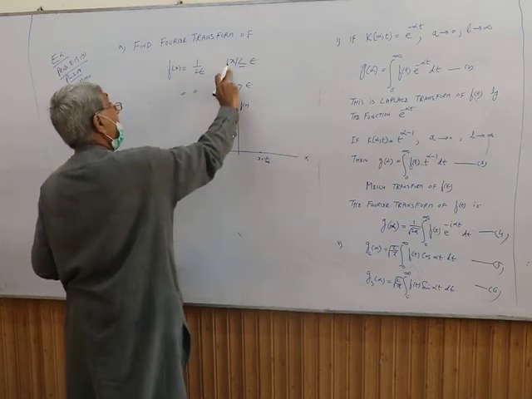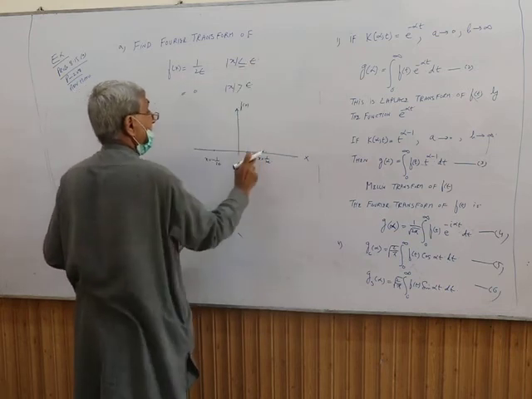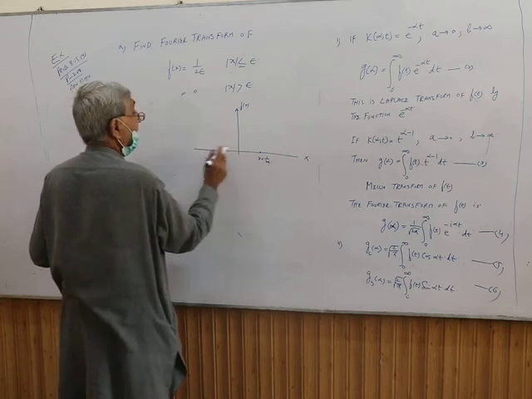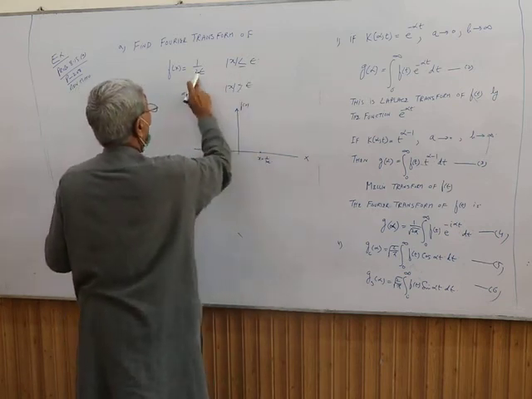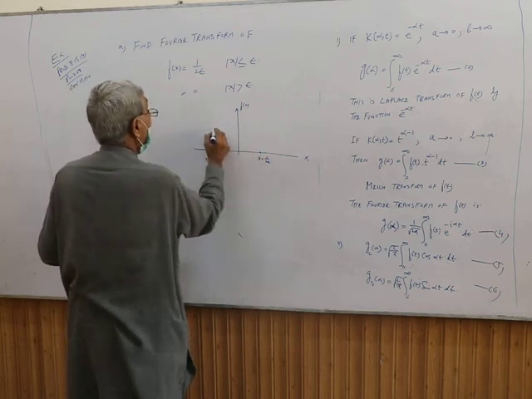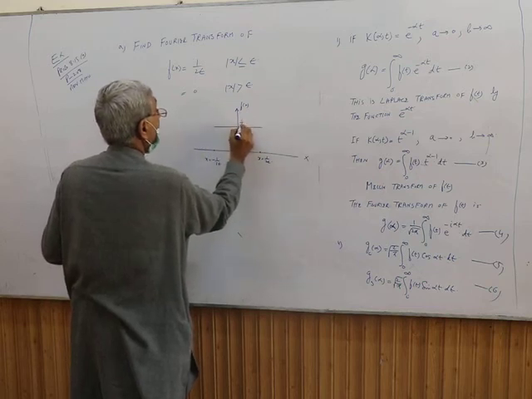Now he is saying that for the value of x, whether positive or negative, in between, the value is 1 over 2 epsilon.